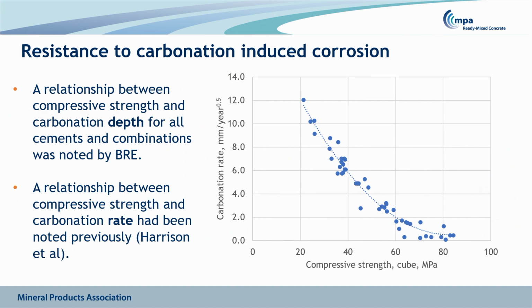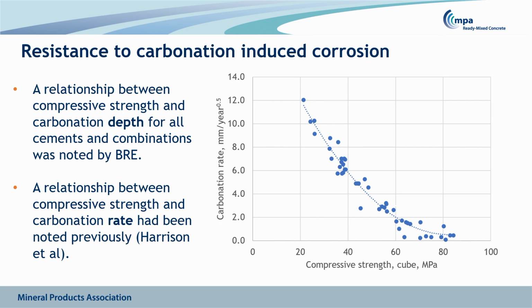But what was noted, this was noted by BRE, but had been noted by others previously, is that there was a relationship between compressive strength and carbonation depth for all cements, and it also held for carbonation rate. What this allowed us to do is move more towards, in some ways, a performance specification, where we can use strength as a proxy for carbonation resistance.